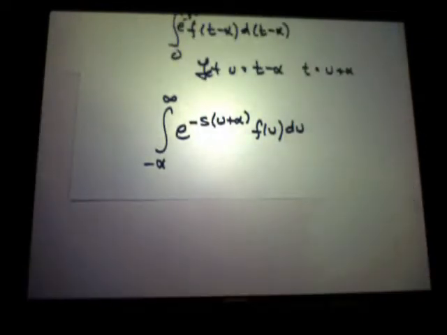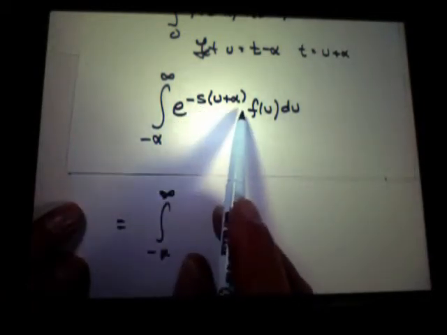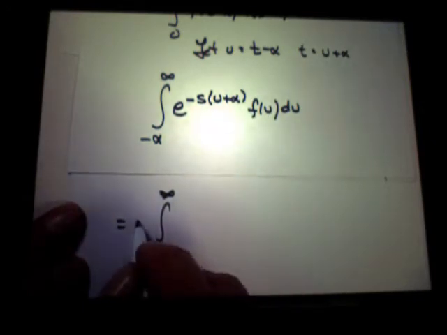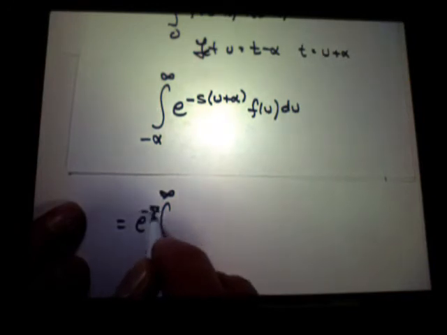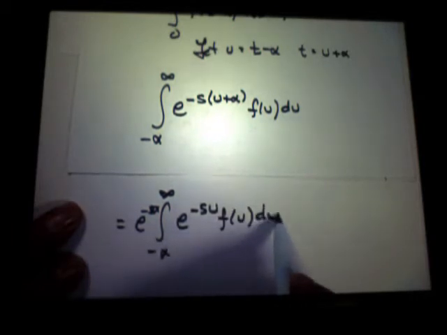Okay, I think I'm back on track. This thing, I can pull out e to the minus s alpha in front. And then I have e to the minus su f of u.